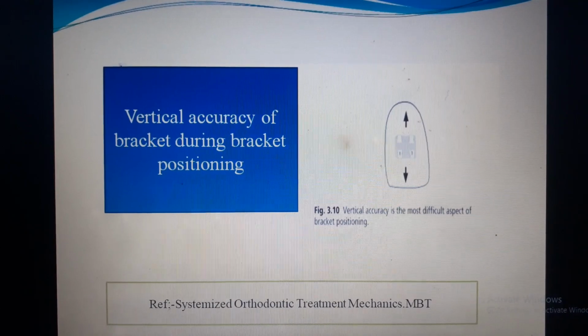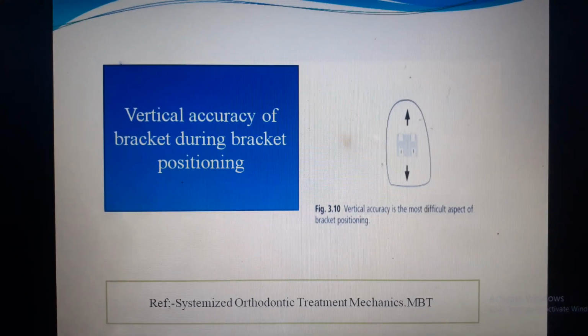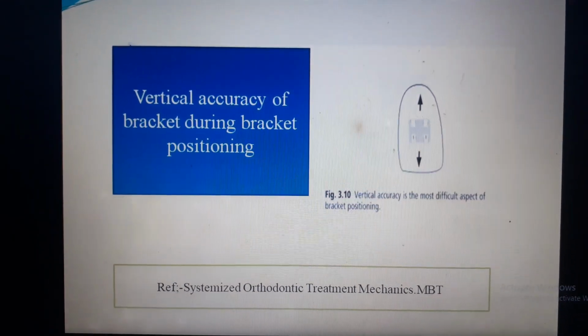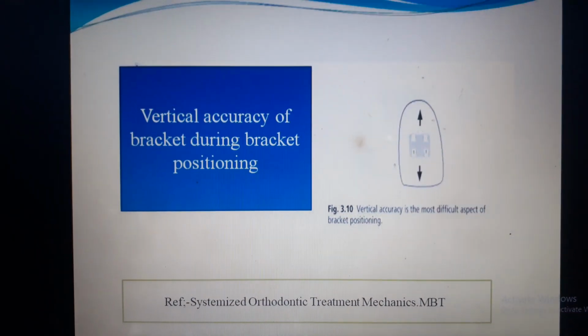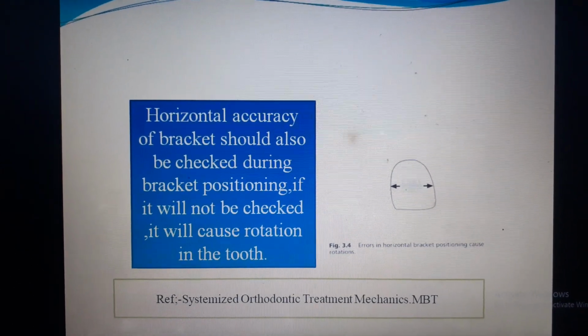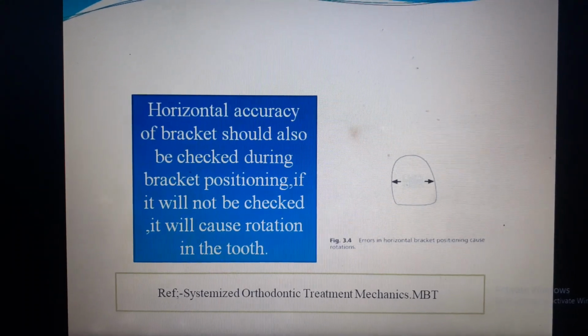Then vertical accuracy should be checked. If the vertical accuracy is wrong, then the tooth will intrude or extrude. And horizontal accuracy: if the bracket is not positioned horizontally, it will cause rotation of the teeth.